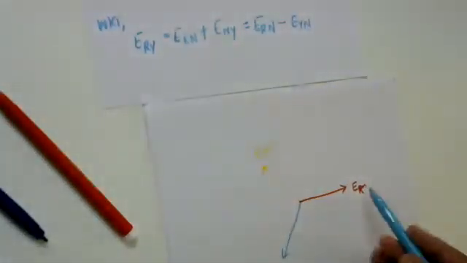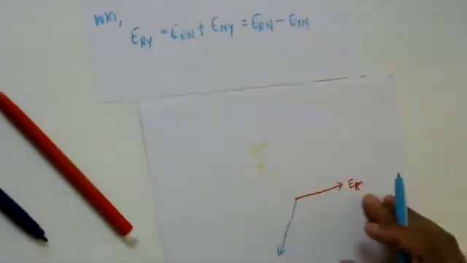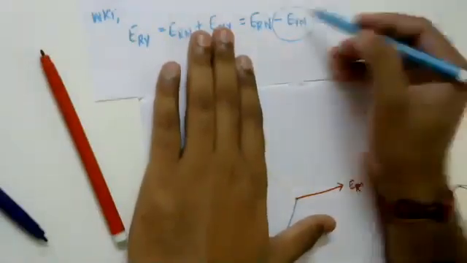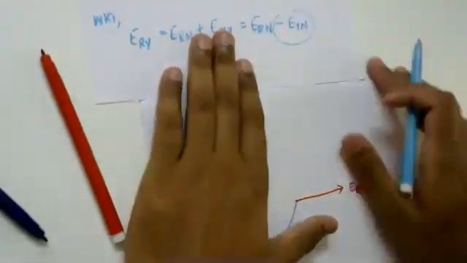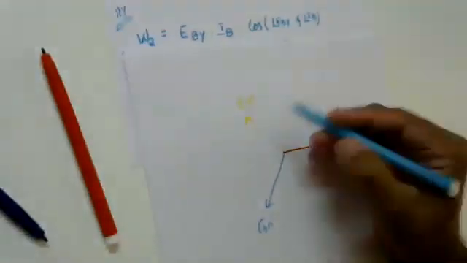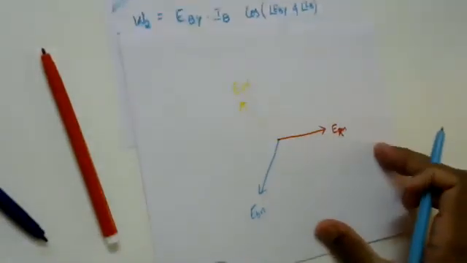Now I'm having my ERN here, and my EYN here. I want the vector minus EYN. To fetch this vector minus EYN, the same vector EYN has to be projected in the opposite side.